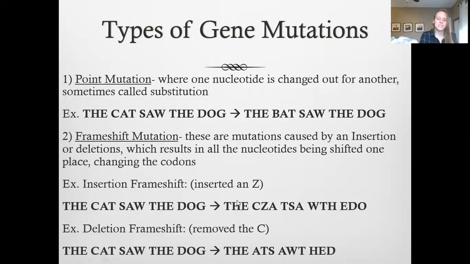And as you can see based on these examples, when you do that, the sentence becomes much more illegible than with a simple point mutation, where usually the sentence changes but is still legible. The frame shift mutations are much more damaging to the entire gene.